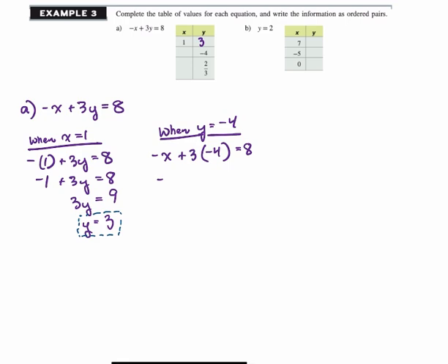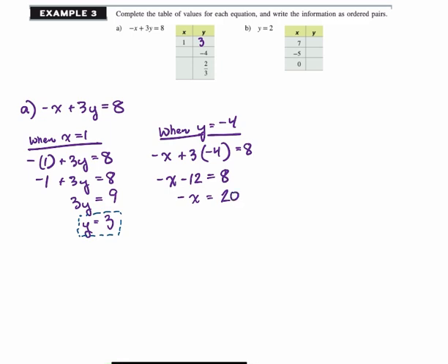So I still have the negative x. 3 times negative 4 will be negative 12. And then I'll add the 12 over. So on the right side, it would be 8 plus 12. So let's say negative x equals 20. 12 plus 8 is 20.